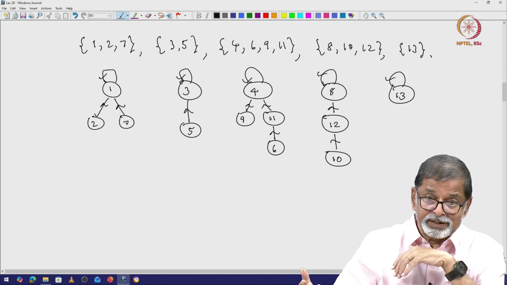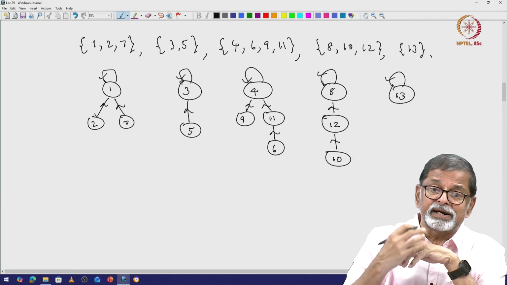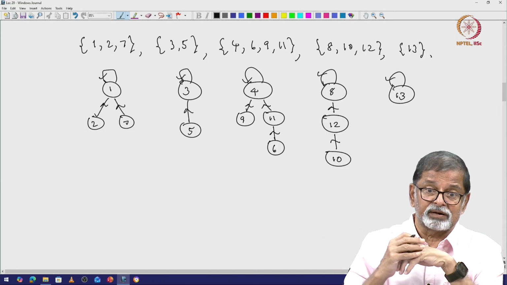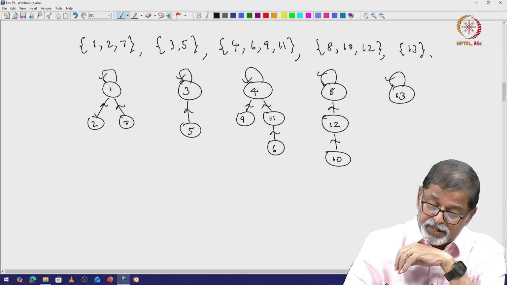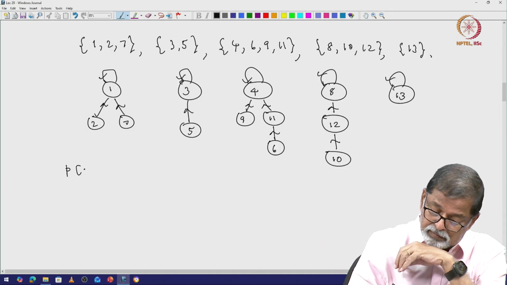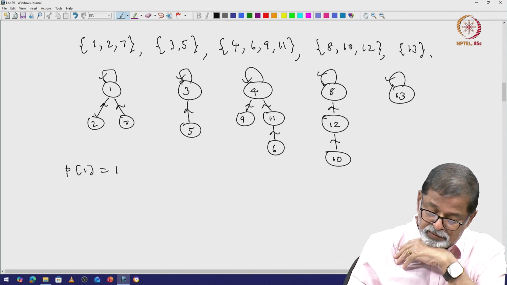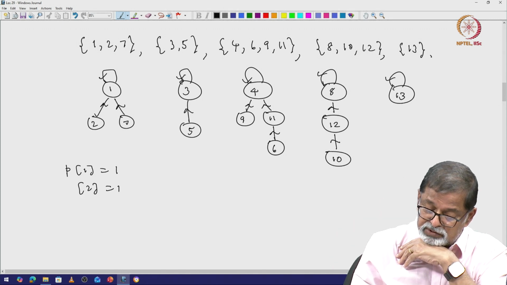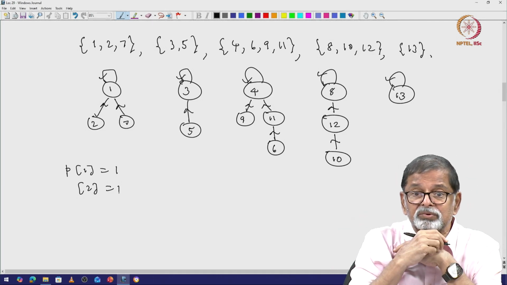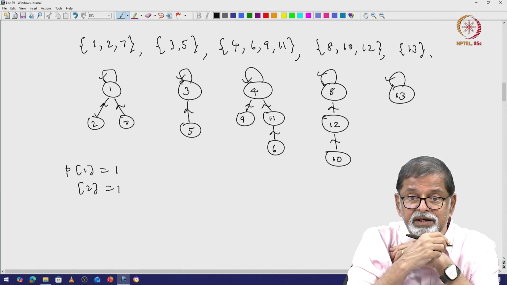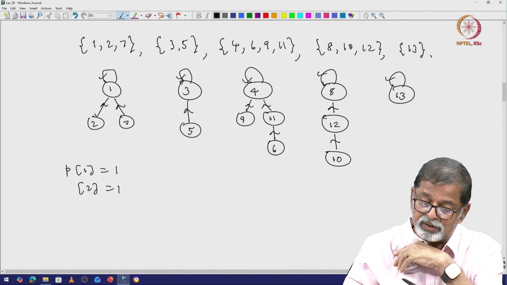How do I implement it? I will use a single integer array, that is good enough, called the parent array. Parent of 1 is 1, because 1 is referring to itself. Parent of 2 is 1. Look where 2 is pointing, it is pointing to 1, its parent is 1.